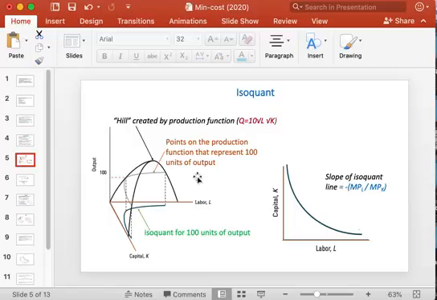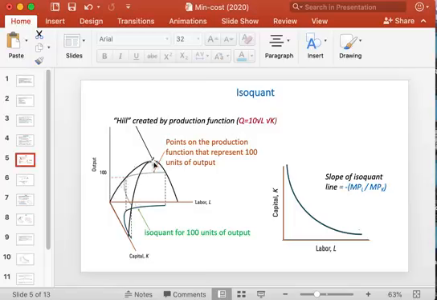On the surface of this hill you can draw a contour line for the output of 100 units by joining the points that represent 100 units of output.